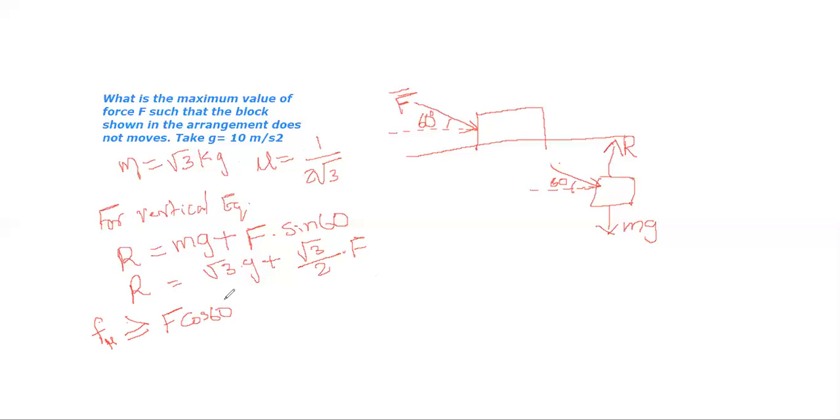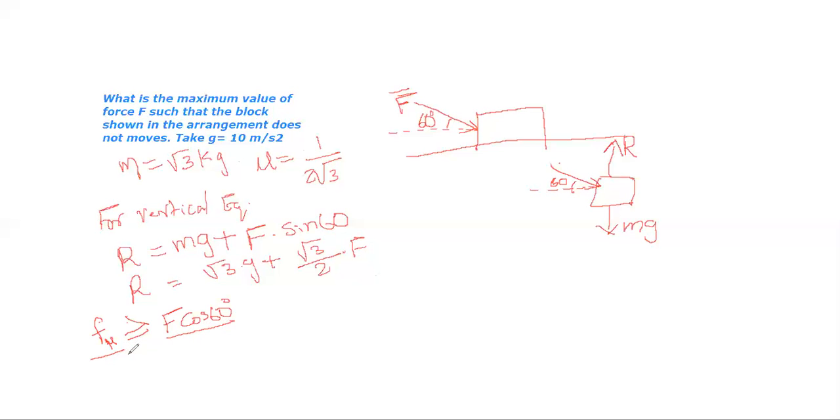That is the horizontal component of the force. Here F cos 60 is the force that we are applying, and F mu is the force that we need to apply to move the block, that is against the friction and the mass of the block.